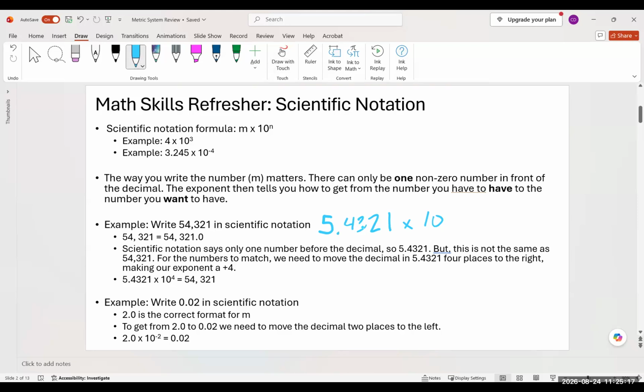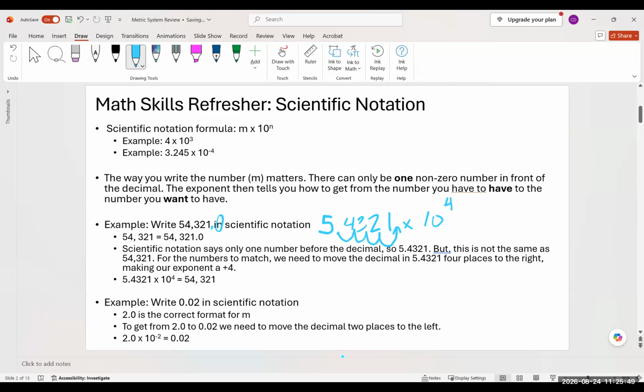We'll go back and look at your original number, 54,321. Do we agree that's the same as writing 54,321.0? So the decimal wants to be after that 1. So what do we have to do to the decimal in scientific notation to get it to where it wants to be, which is after the 1? We need to move 1, 2, 3, 4 places to the right. So that exponent is going to be a 4 because we've moved it 4 places.